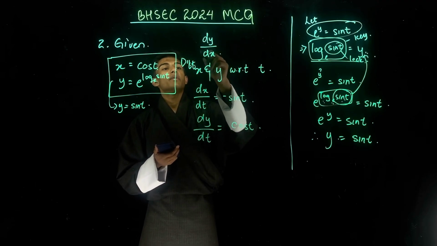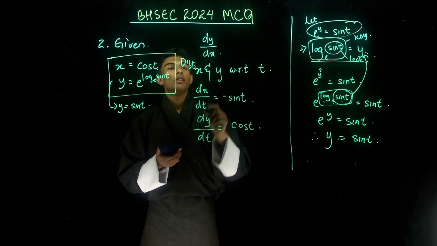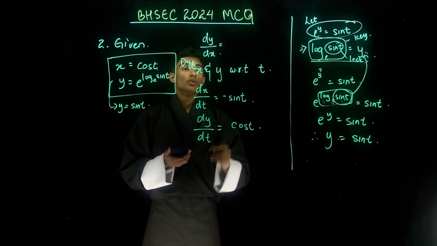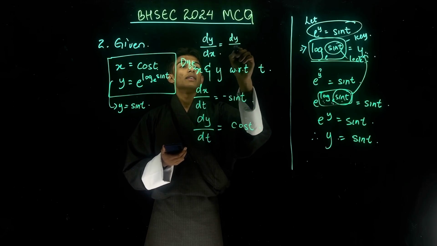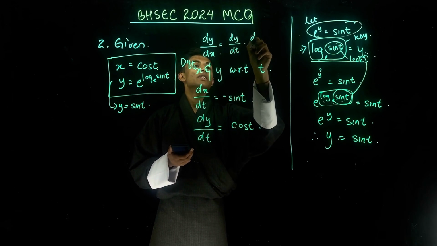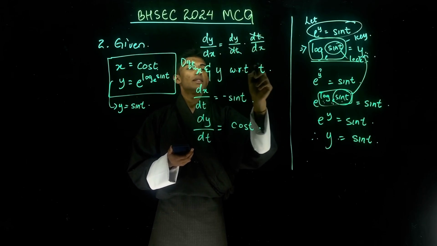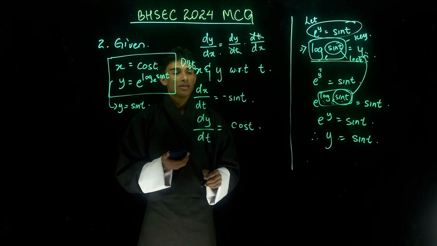In order to get dy by dx, we have dx by dt and dy by dt, which you get if you do dy by dt multiplied by the reciprocal of dx by dt. Therefore, the dt and dt get cancelled out and you get dy by dx.